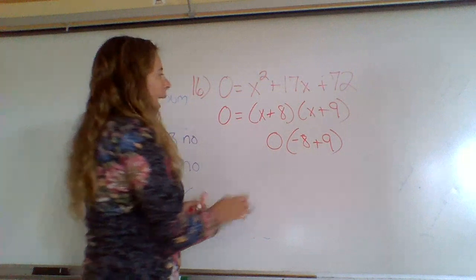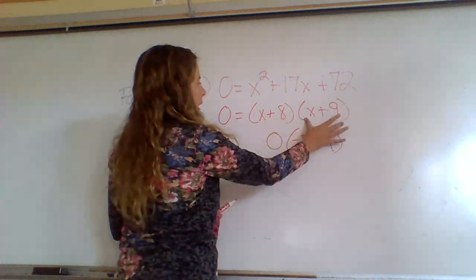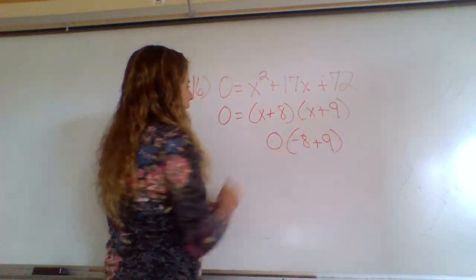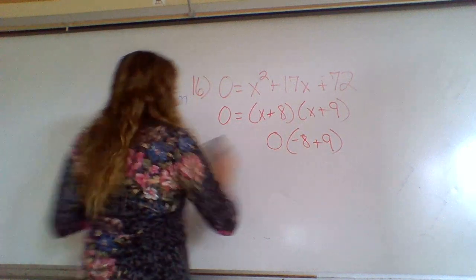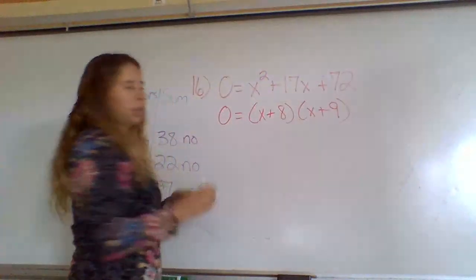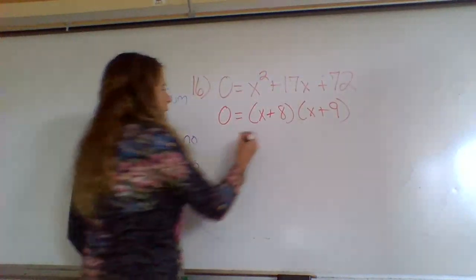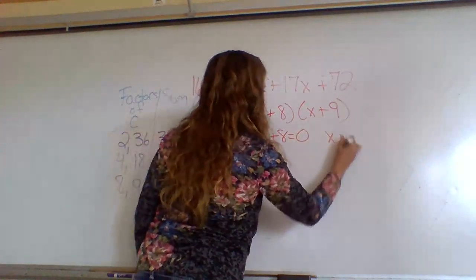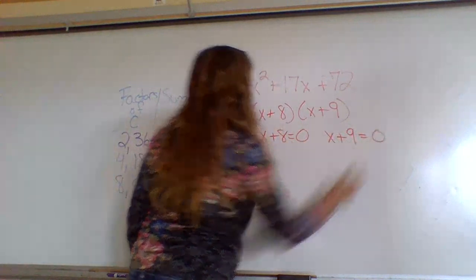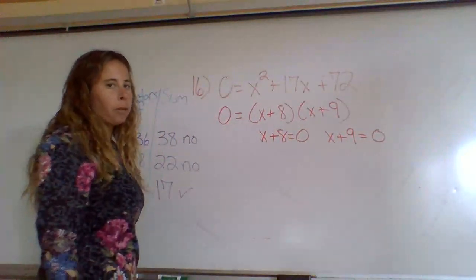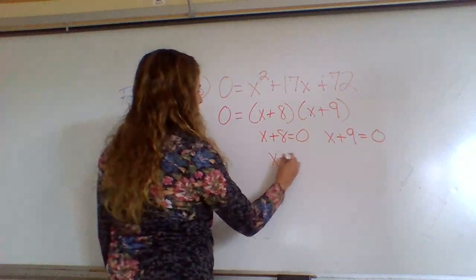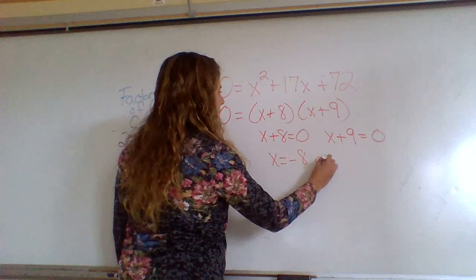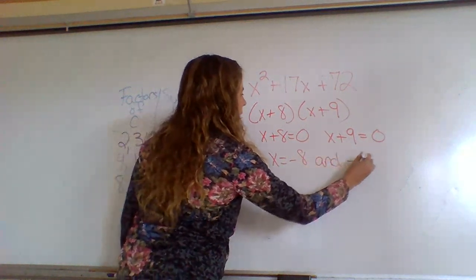So as long as one of these is equal to 0, you're good. So if it helps, you can put your factors equal to 0. x plus 8 equals 0, and x plus 9 equals 0. And then you solve for x. So x equals negative 8 and negative 9.